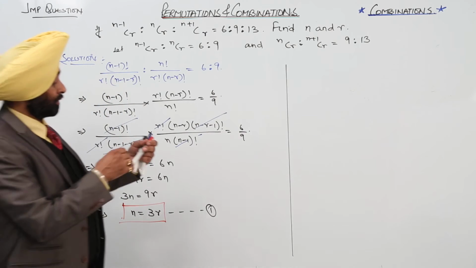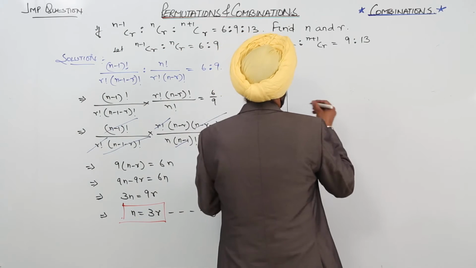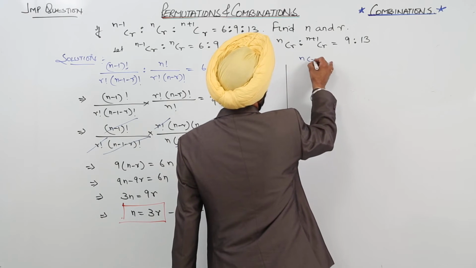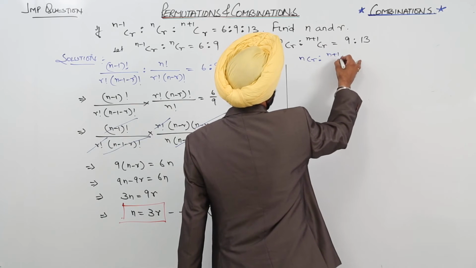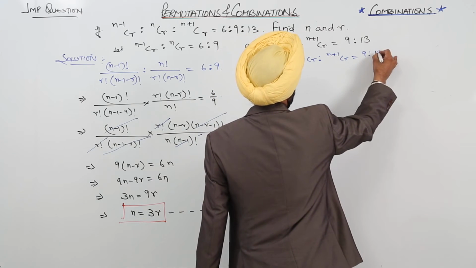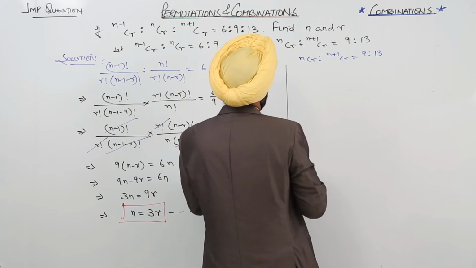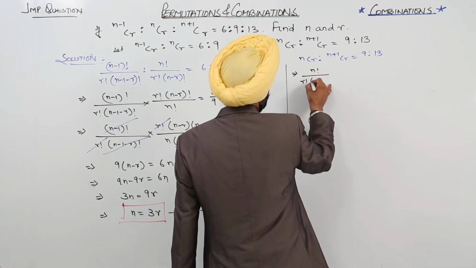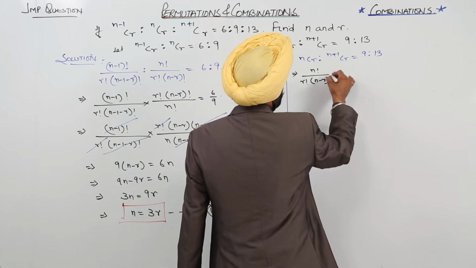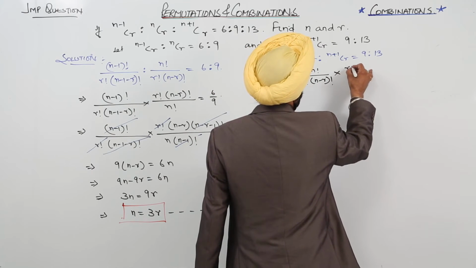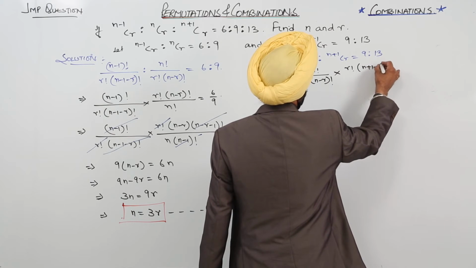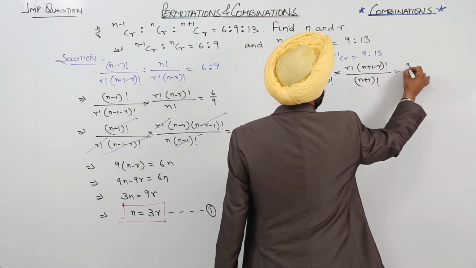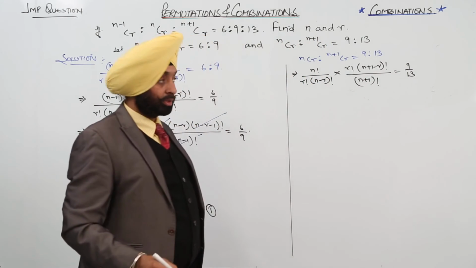Now solving the second one. nCr ratio n plus 1 CR is equal to 9 ratio 13. n factorial upon r factorial, n minus r factorial, times r factorial, n plus 1 minus r factorial upon n plus 1 factorial is equal to 9 upon 13.